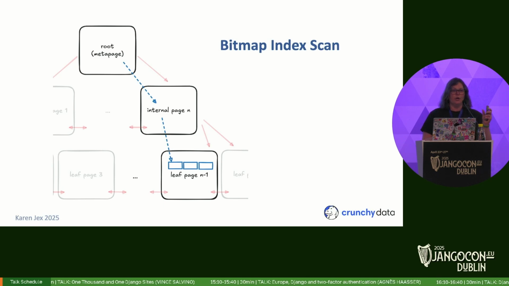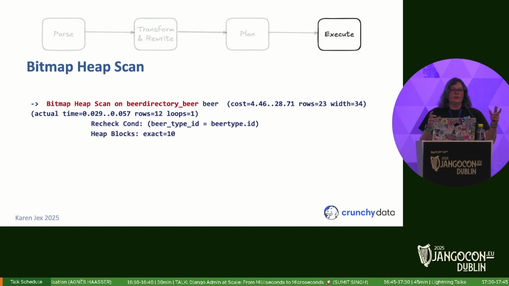Normally those will be row IDs, so a pointer to the actual row location. Sometimes it might be a pointer to a page, and Postgres will fetch the page and find the information it needs in there. That bitmap of row locations is then passed up into the bitmap heap scan node, and that's going to use those locations to go to the table and just pull out the information that it actually needs.